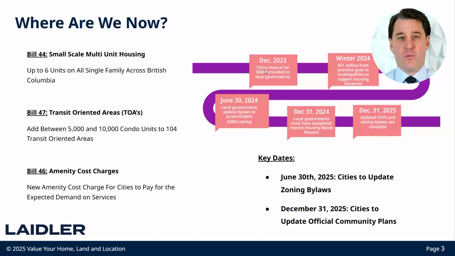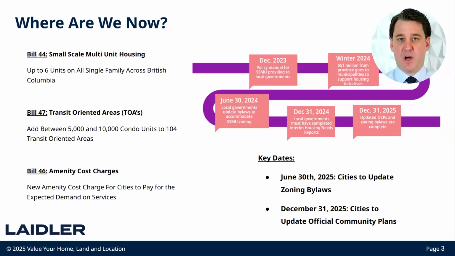Where are we now? In December of 2023, the provincial government announced 3 major housing bills: Bill 44, Bill 46, and Bill 47. Most pertinent to this conversation is Bill 44, small-scale multi-unit housing, where cities across the province, and specifically within Metro Vancouver, were required to update their zoning bylaws to allow for 4 to 6 units on former single-family and duplex zone properties.